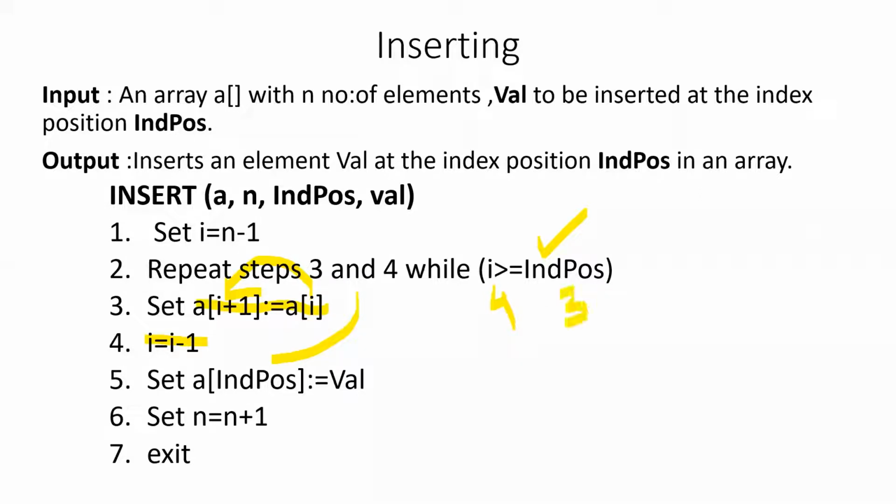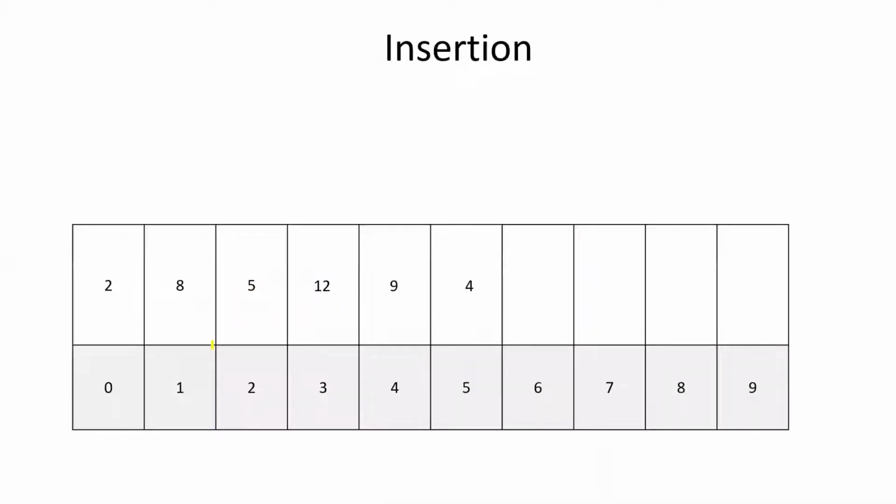Index position is 3. 3 is not changing, only the I value is decrementing. So when it is equal or greater, it will be copying, shifting the value present at a of I to a of I plus 1. After that, I is decremented by 1.